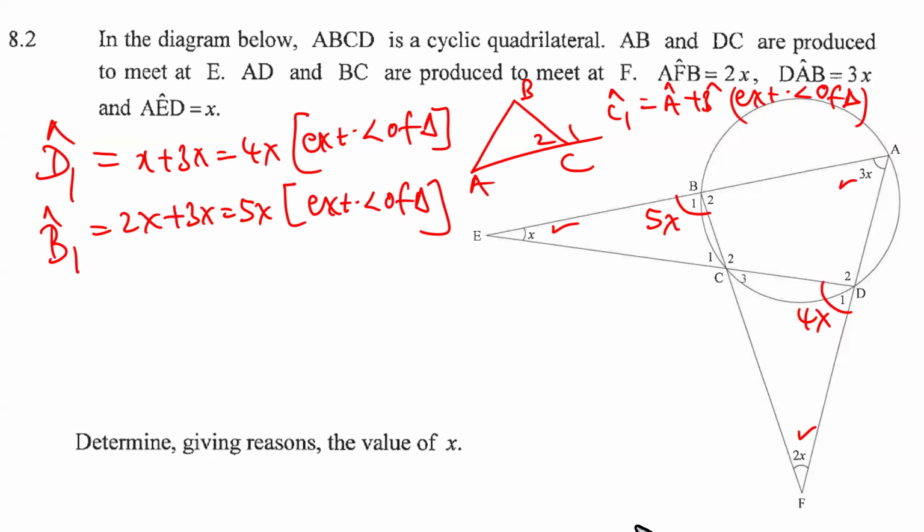Right, so we can then find the angle D2. The angle D2 is 180 degrees minus 4x. Why? These are adjacent angles on a straight line.